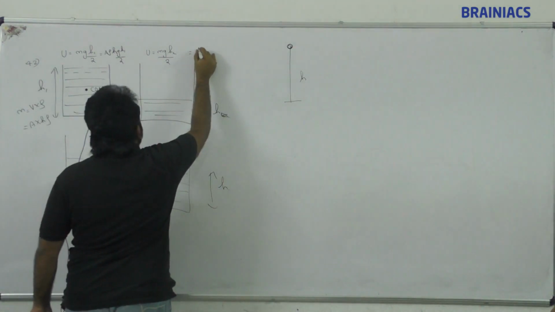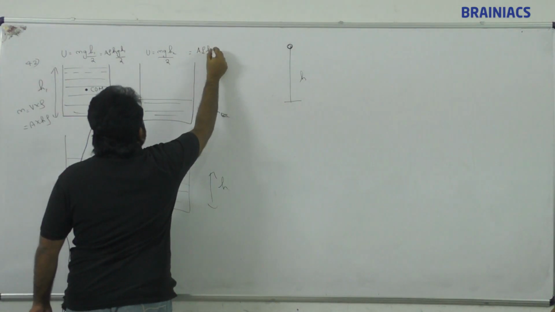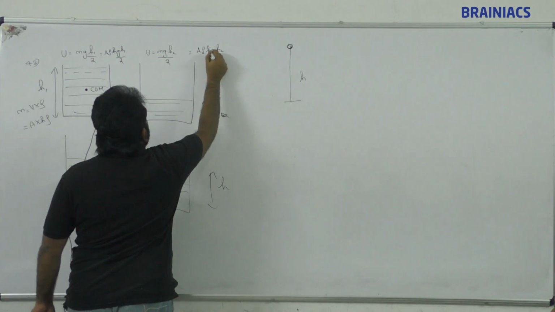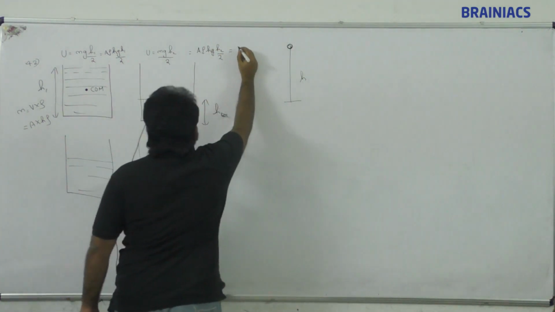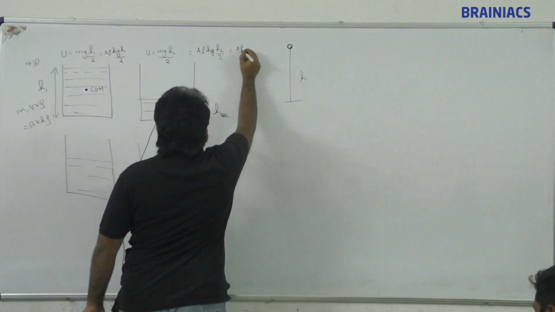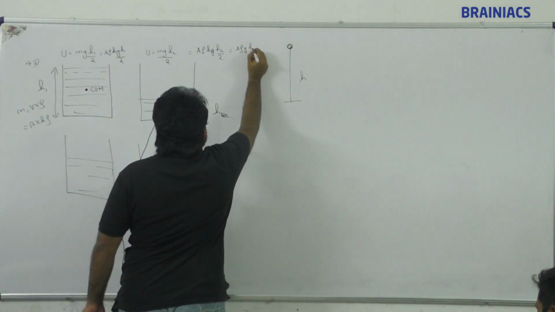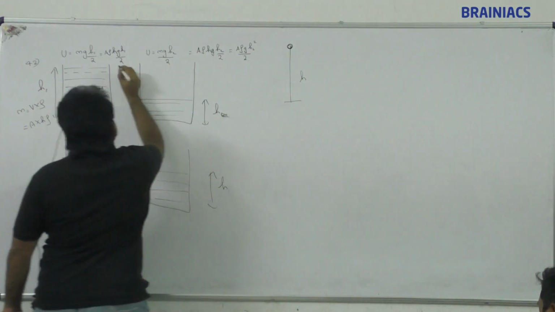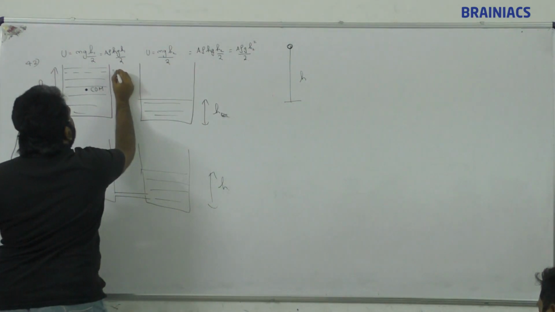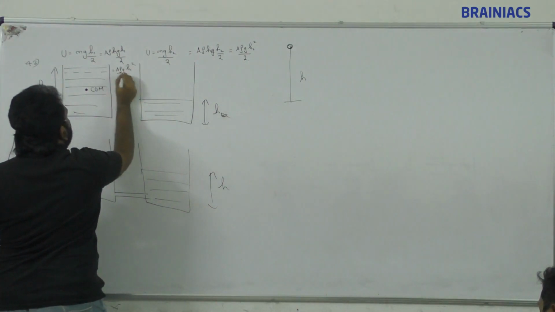This one is going to be A rho h g h2 by 2. So finally the potential energy is going to be A rho g h2 square by 2, and this is going to be A rho g h1 square divided by 2.